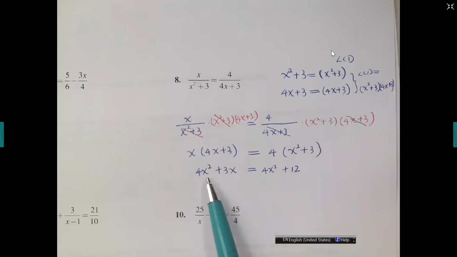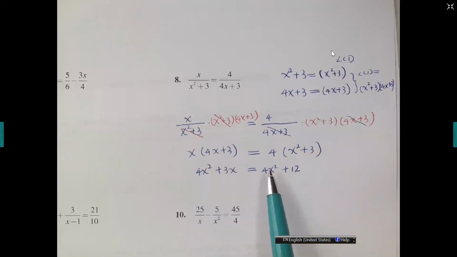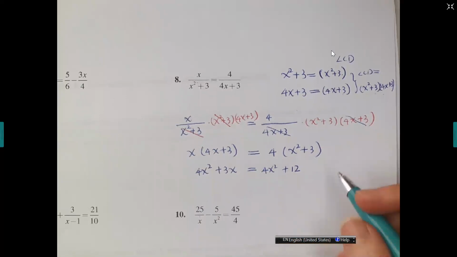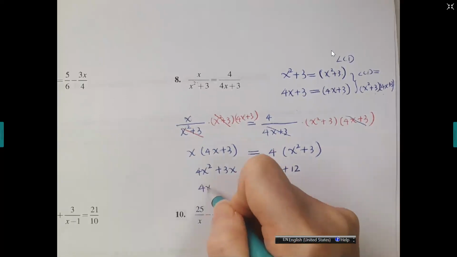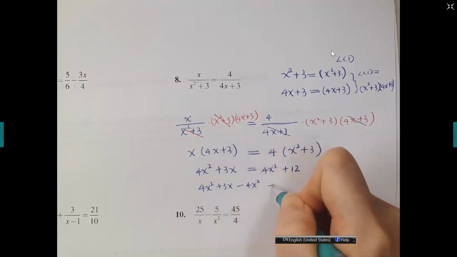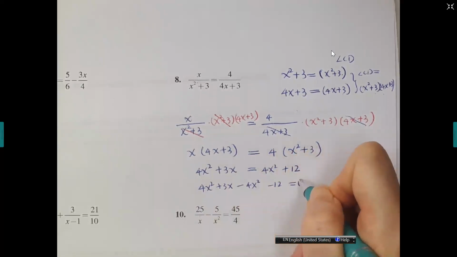So we do see the quadratic term. To solve a quadratic equation, what do we do? We are going to move all the terms together, leave the other side to be 0. So 4x squared plus 3x minus 4x squared minus 12 equals 0.